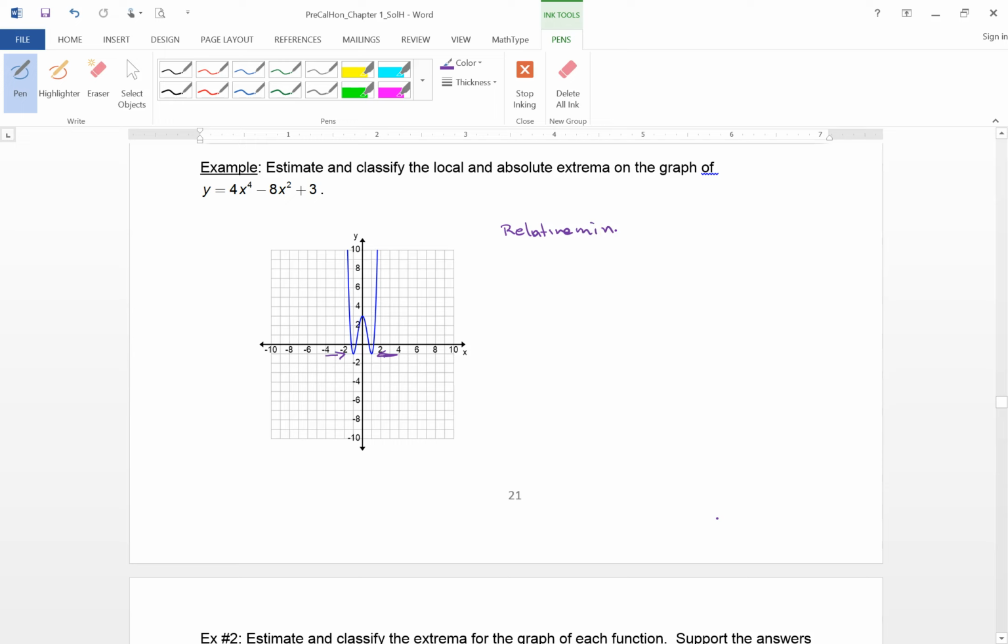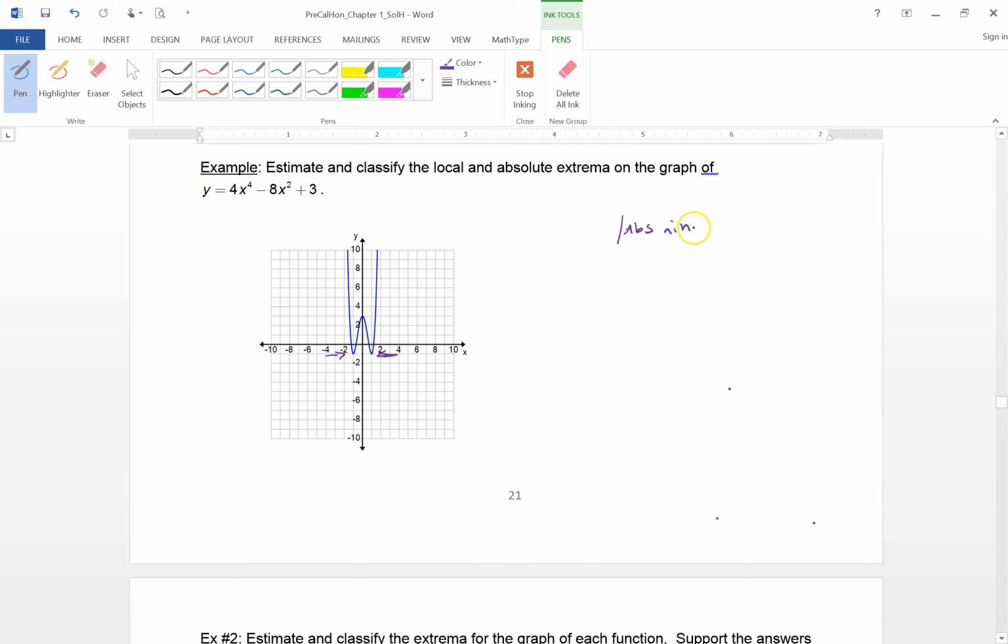Local is the same thing as relative, right. Well, in this case, whether you say relative or absolute, it wouldn't make too much of a difference. It's probably more correct to say absolute minimum.